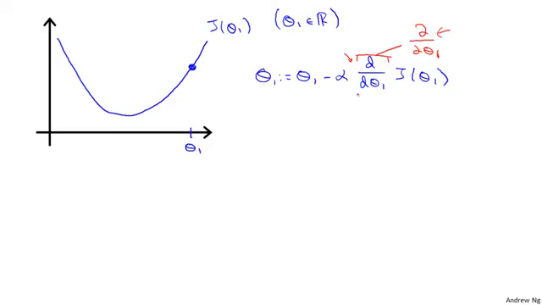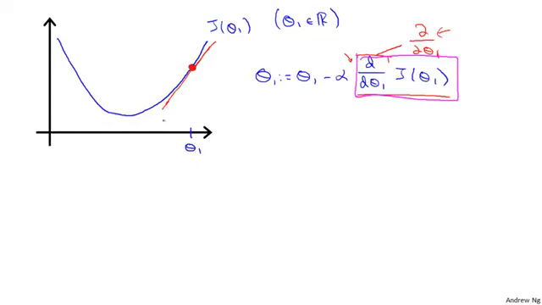But let's see what this equation will do. We're going to compute this derivative. I'm not sure if you've seen derivatives in calculus before, but what the derivative at this point does is basically take the tangent to that point, like that straight red line that is just touching this function, and look at the slope of this red line. That's what the derivative is. It says, what's the slope of a line that is just tangent to the function?